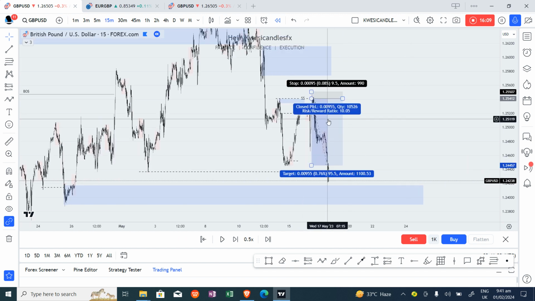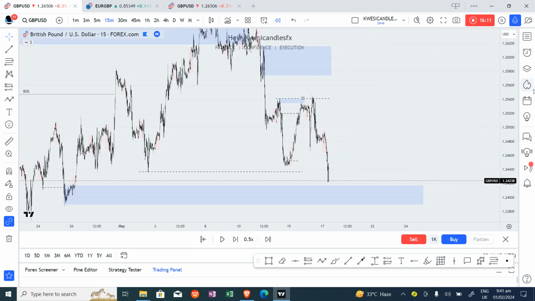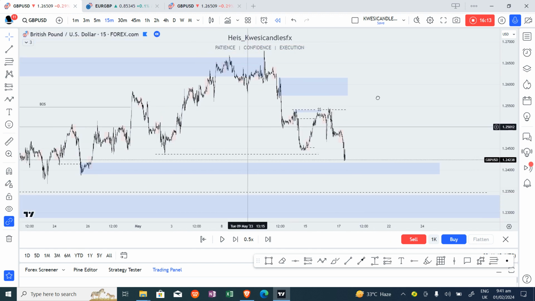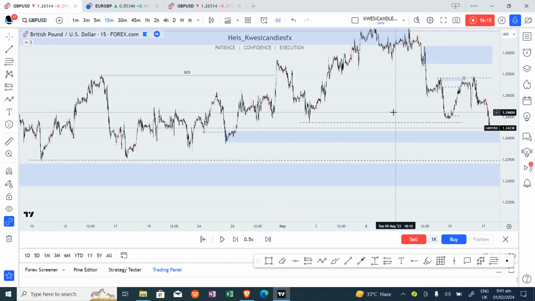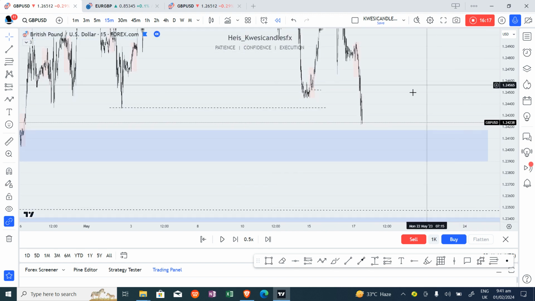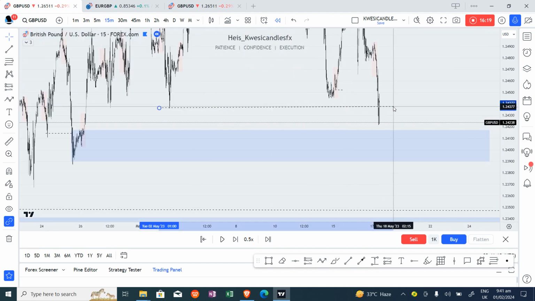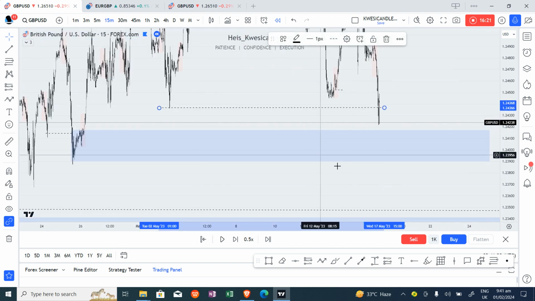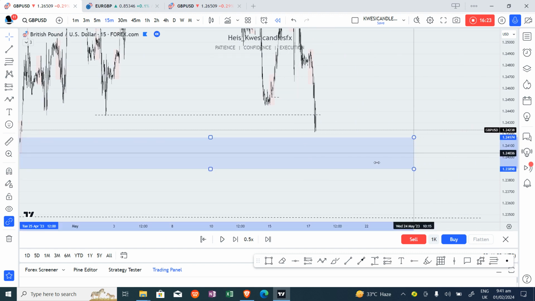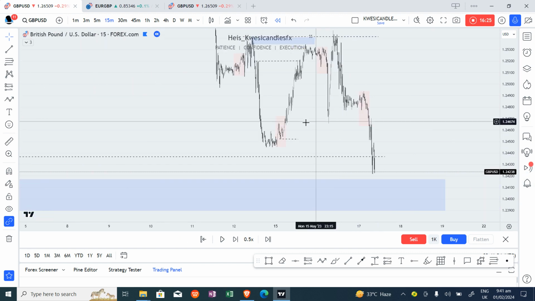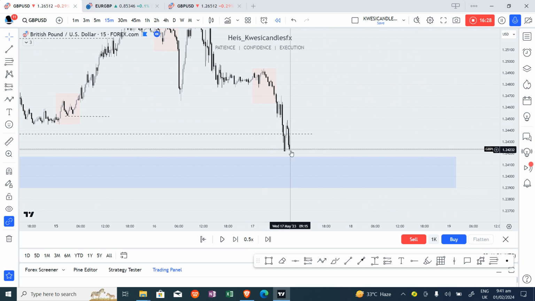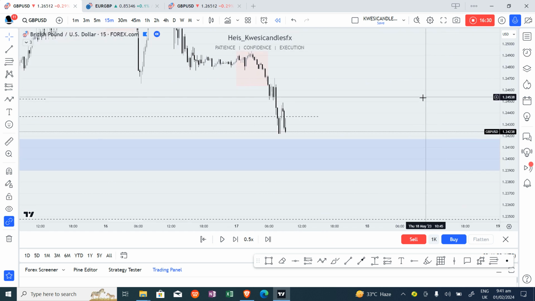As I said earlier, this area is a liquidity area. So either price will take out this area, then react from a zone here and push to the upside, or after taking out the low, it can just reverse.